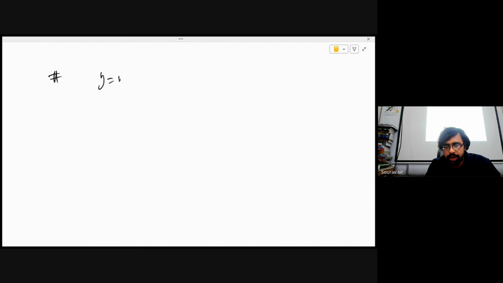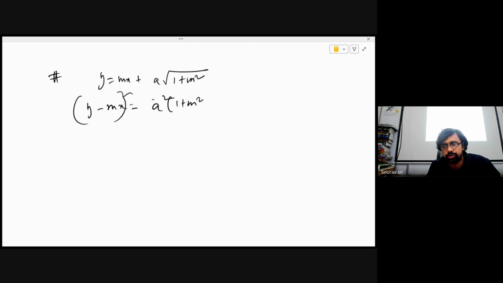y equal to mx plus a into root over m square. This is also an envelope based question. इसमें भी m को remove कीजिए. Very easy. y minus mx equal to this square. So a square, 1 plus m square. Okay. So x square minus a square into m square equal to minus 2mxy.